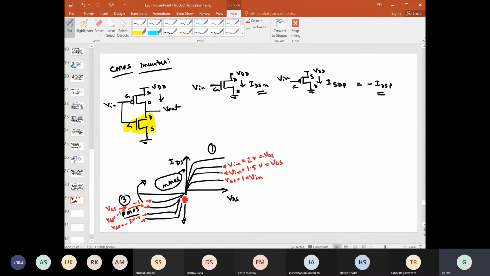Now what we are doing, as this is IDS, we are just trying to flip it to this axis. We are taking it to the second quadrant. So the current will become negative, and it will become IDS, not ISD. So we will flip it, but to flip it, we need to do a couple of things here.